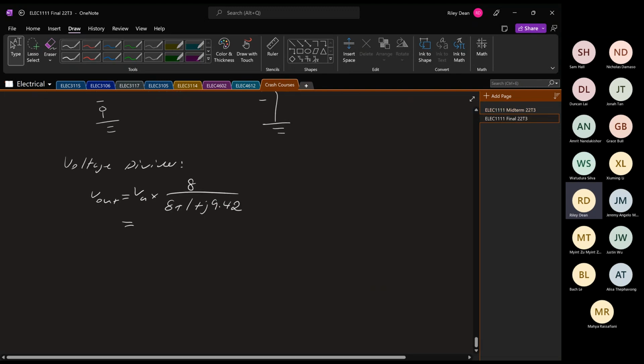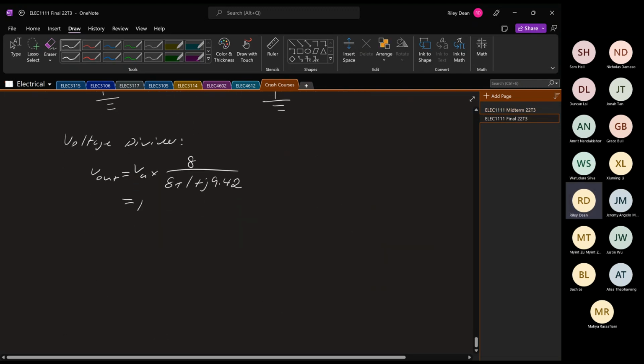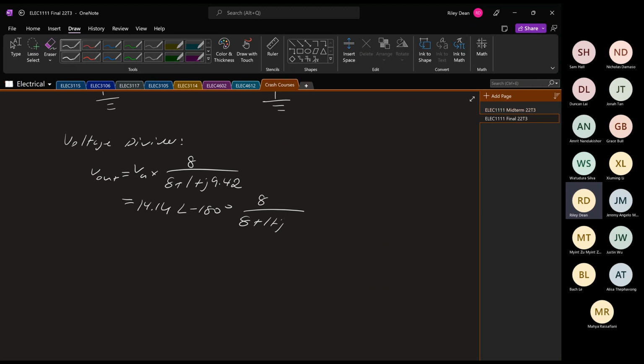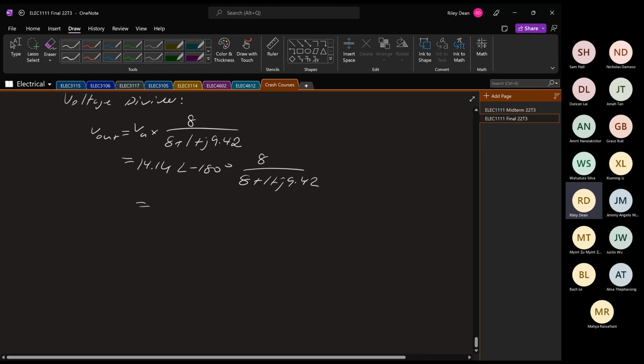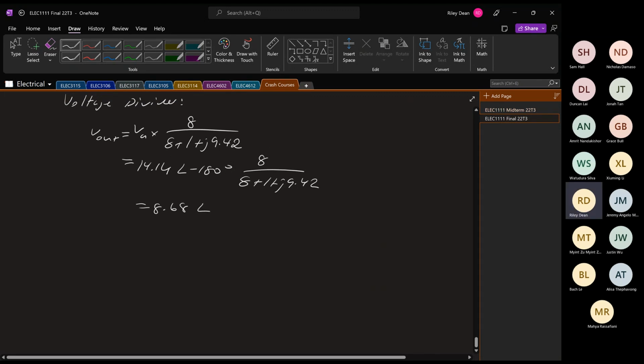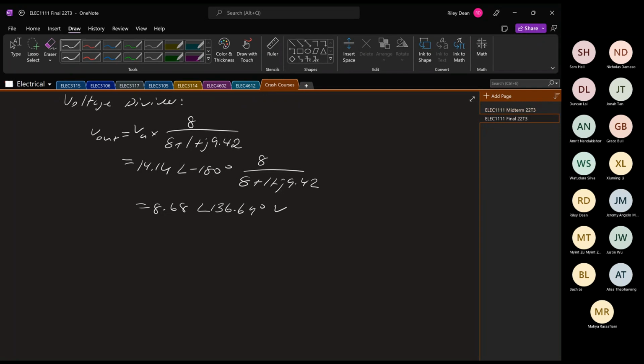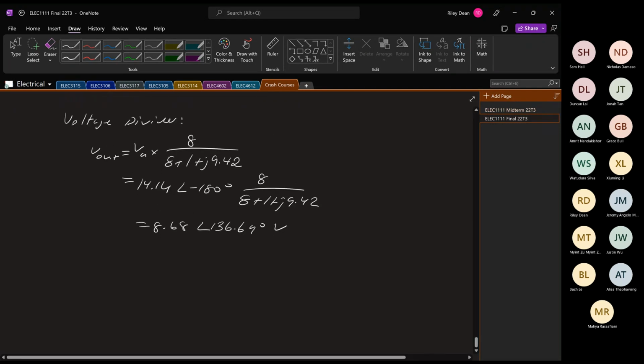If we were to just put this in a calculator, we would get our answer straight away. What we find is 8.68 angle 136.69 degrees as our voltage. So does this make sense for everyone?